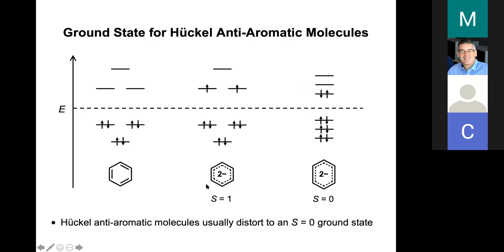And so usually if you try to create benzene 2-, the molecule will distort in some way to achieve a singlet ground state, an S equals 0 ground state. So this triplet will convert to a singlet because it distorts.